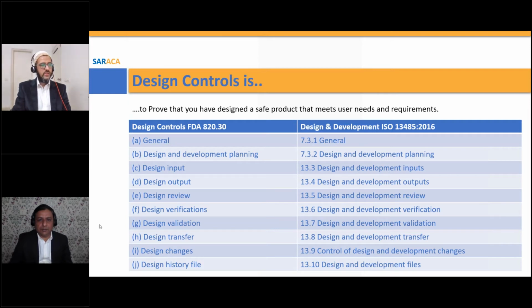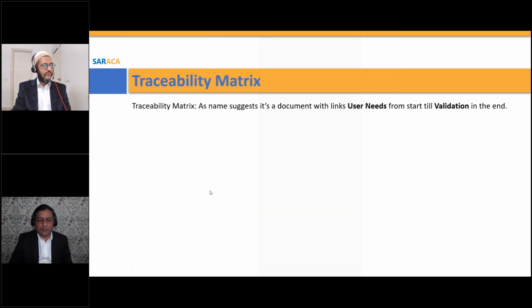Thanks, Kuldeep. Let's go to the next slide. Here I'll be talking briefly about the traceability matrix. A traceability matrix, as the name suggests, is a document that links user needs from the start till validation in the end. There are a lot of ways in which you can document your user needs at each stage.